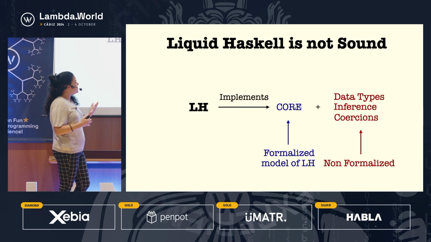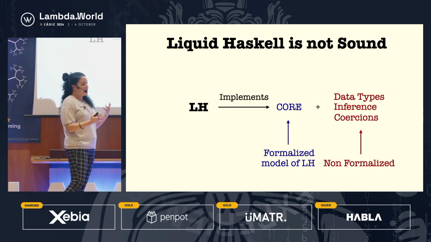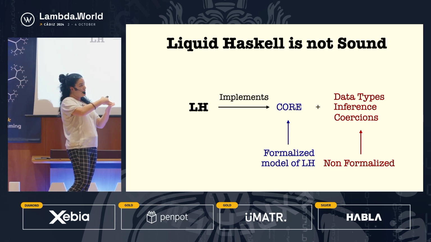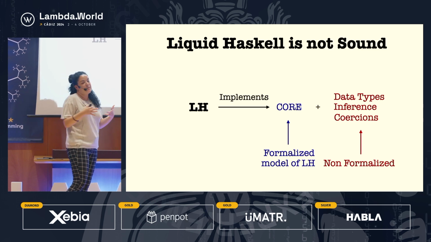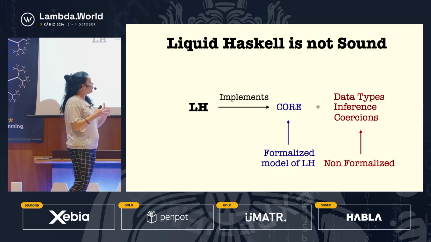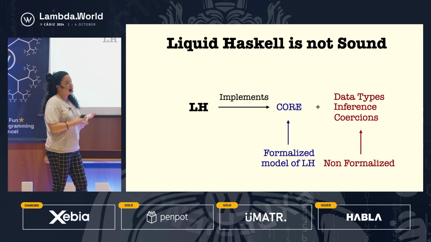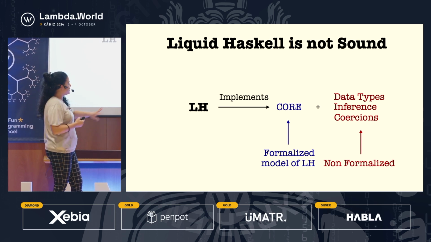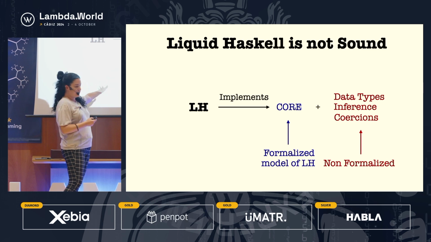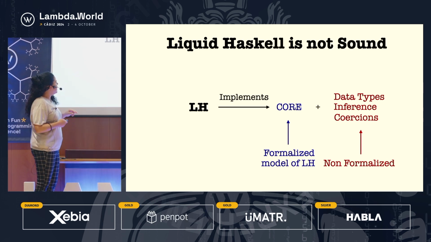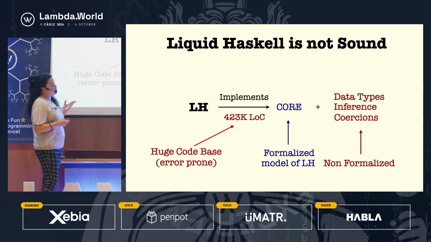But also it has many features, because Liquid Haskell operates on GHC, on the intermediate representation of GHC, and there are many things that we have not mechanized. And this is inference, coercions, GHC coercions, fancy data types, and these are not part of our mechanized model. And also the implementation is huge.